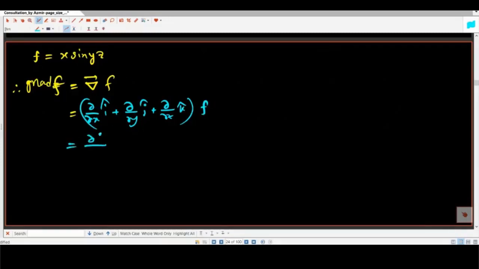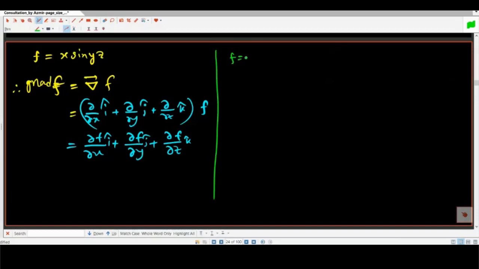So we have ∂f/∂x, ∂f/∂y, ∂f/∂z with i, j, and k. So we can understand that now we have to find the partial derivatives ∂f/∂x, ∂f/∂y, ∂f/∂z. So let's find. The function is f equals x sine yz.